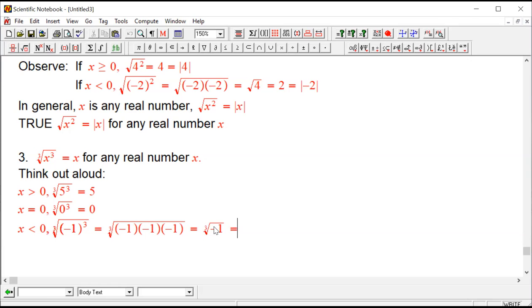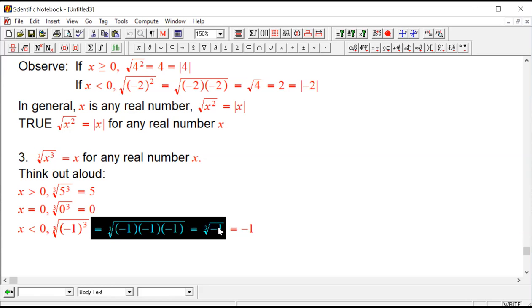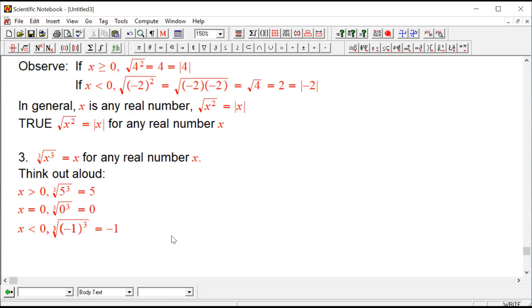And the cubic root of -1 is -1. If you keep trying different numbers, you try -2, and this is going to be -8. You try -3, and that's -27. The cubic root of -27 is -3. So these are true for any real numbers. Therefore, number 3 is true.